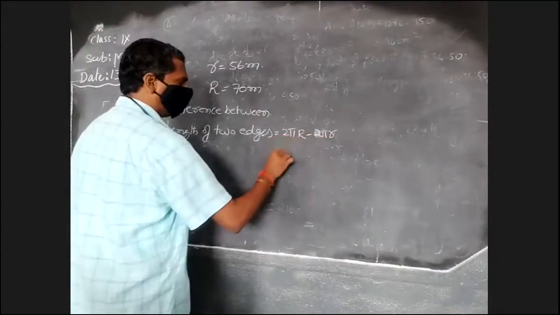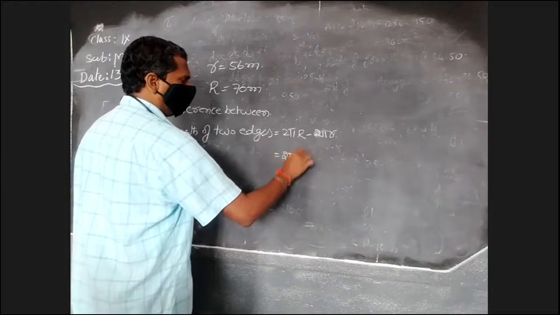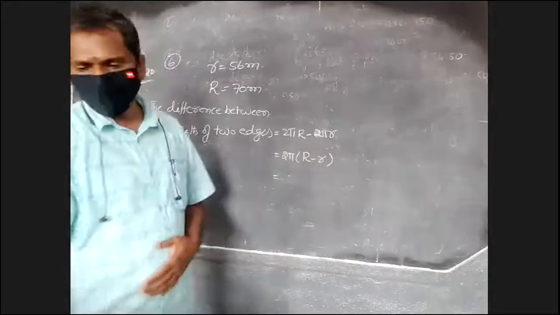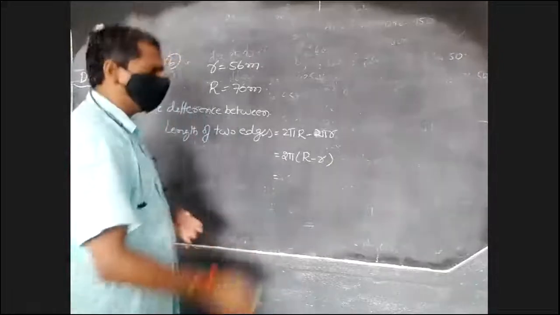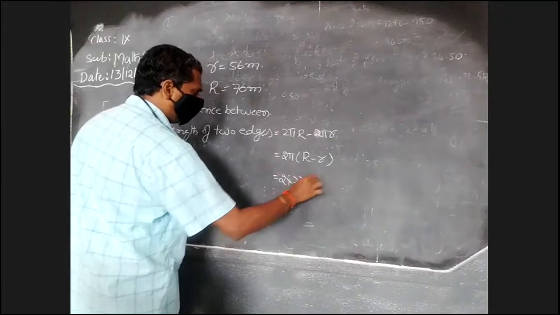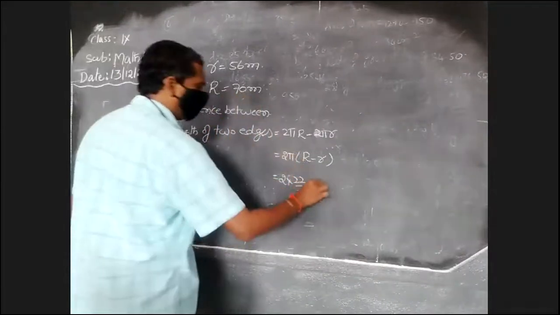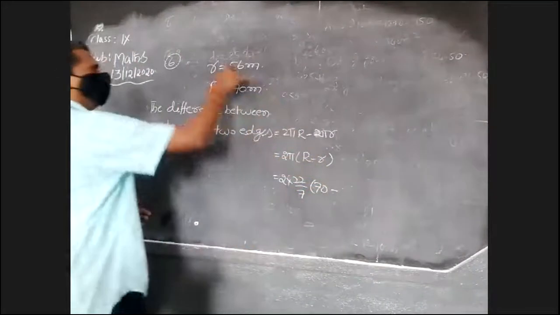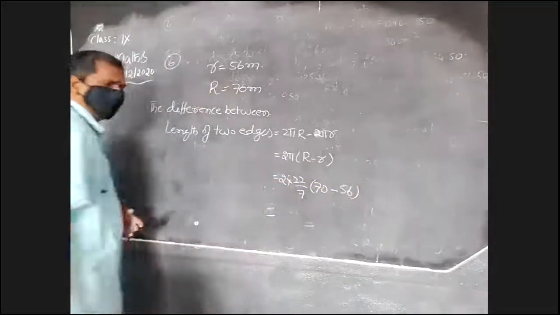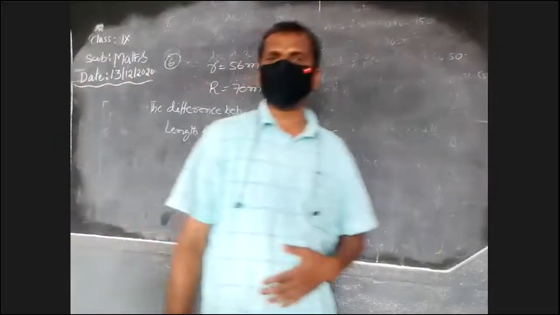So 2 pi is common here: 2 pi times capital R minus small r. Here the pi value you can take as 22 by 7. 2 into 22 by 7, capital R is 70 minus small r is 56. Do the simplifying and write the answer in the chat box.